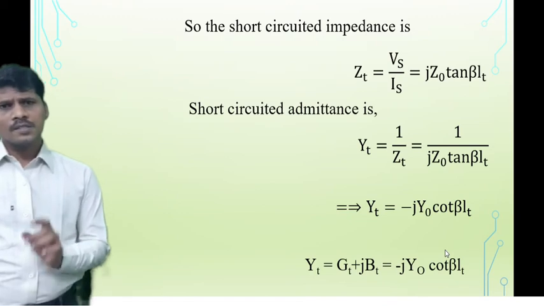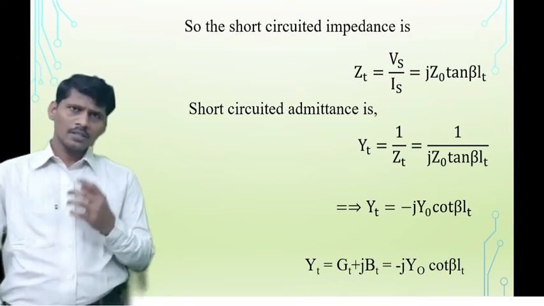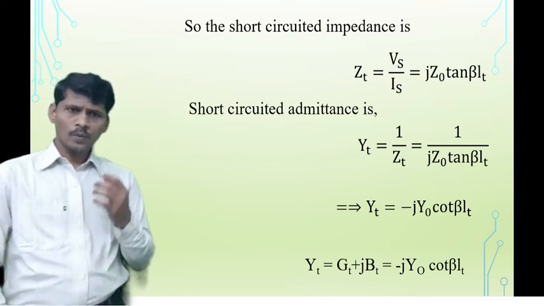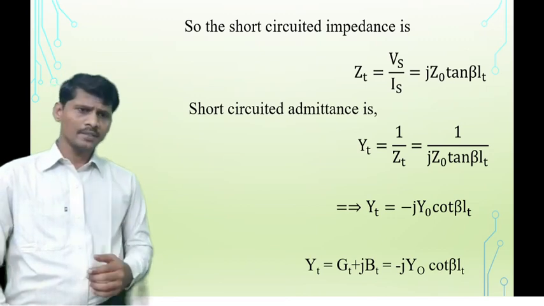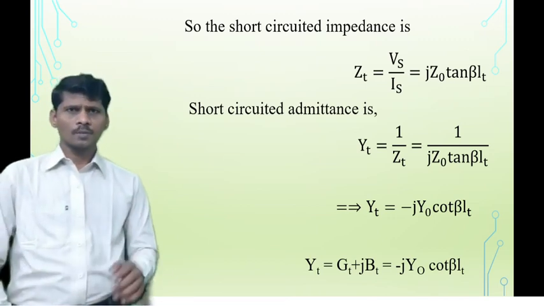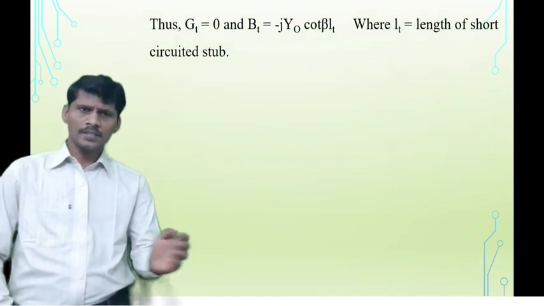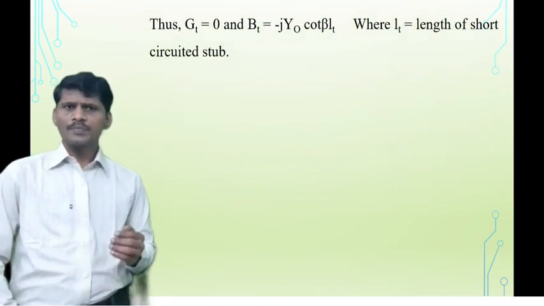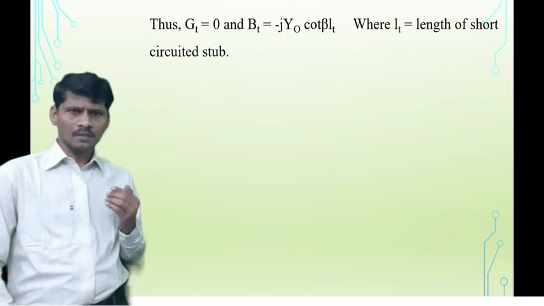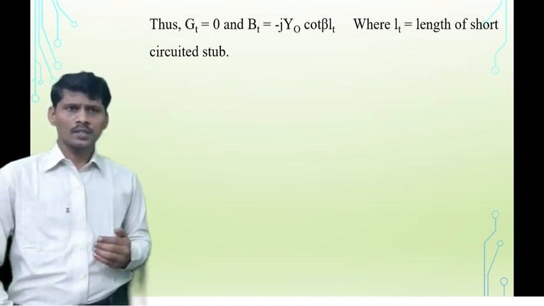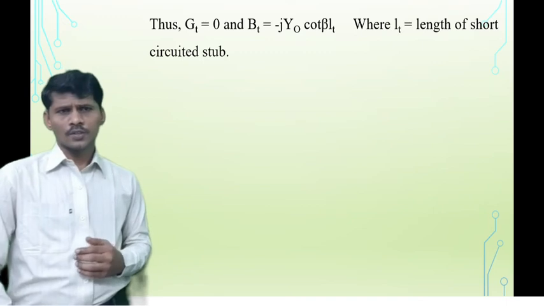And the admittance is a complex quantity, that is g plus jb. So therefore, yt is equal to gt plus jbt, equating real parts and imaginary parts on both sides. We get gt is equal to 0 and bt is equal to minus y naught cot beta Lt, where Lt is the length of the short circuited stub.